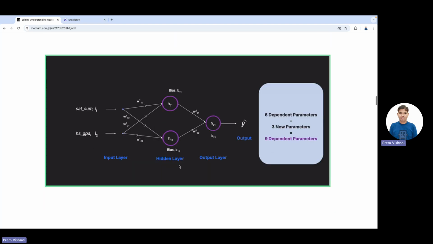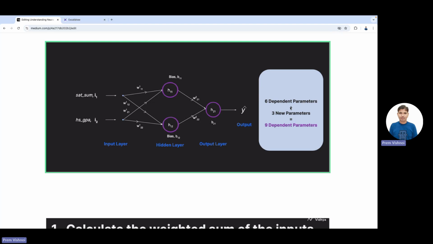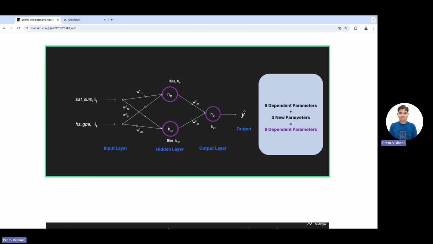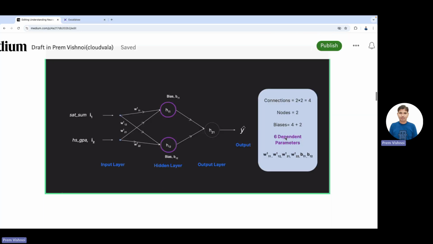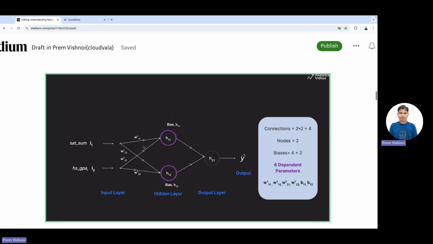So this is how we do it: 6 dependent parameters plus 3 new parameters, 9 parameters in total. How many connections? 1, 2, 3, 4: 2 and 2 connections, 4 connections. Nodes: this one, 1 and 2, 2 nodes.